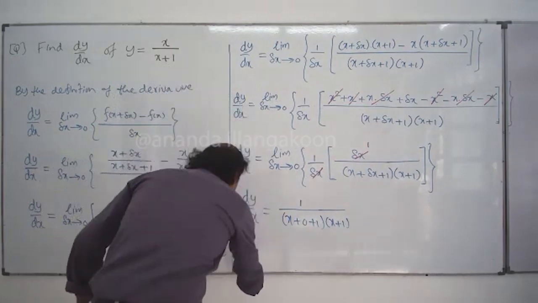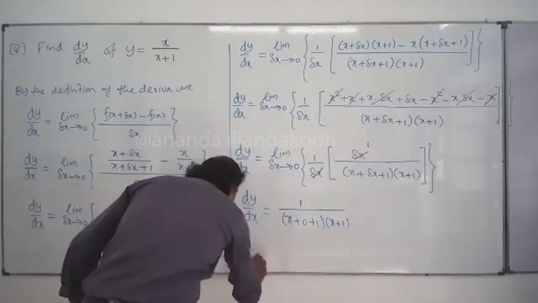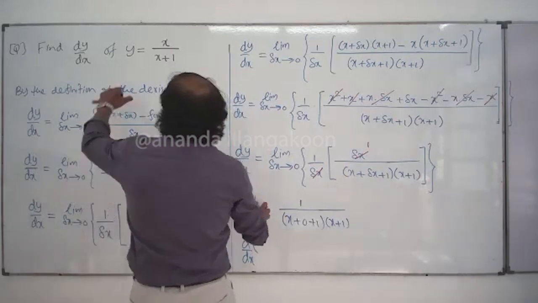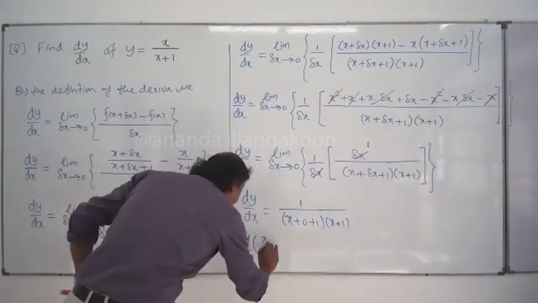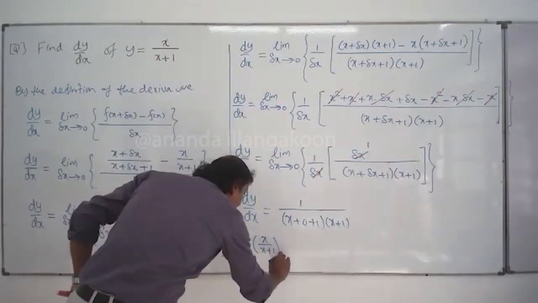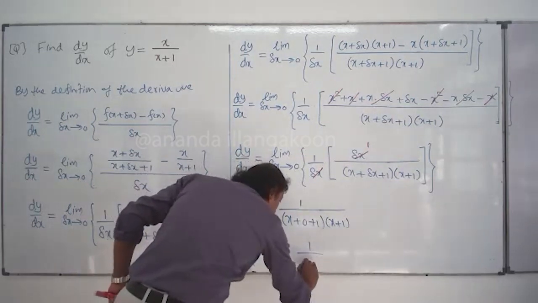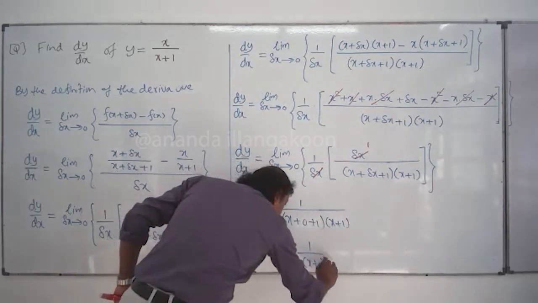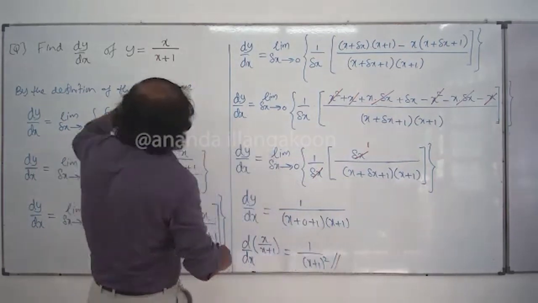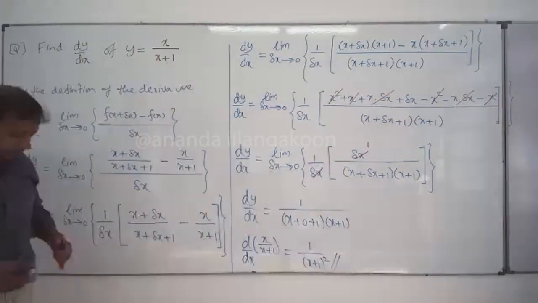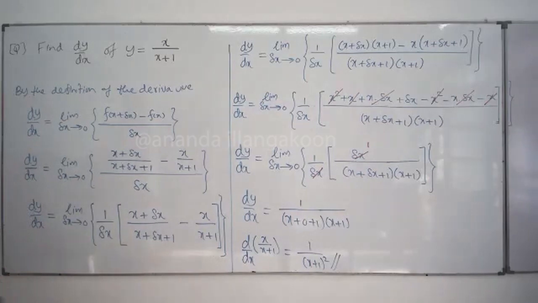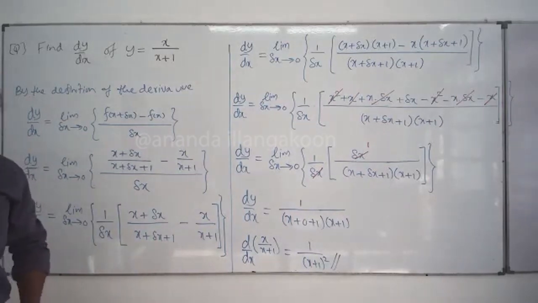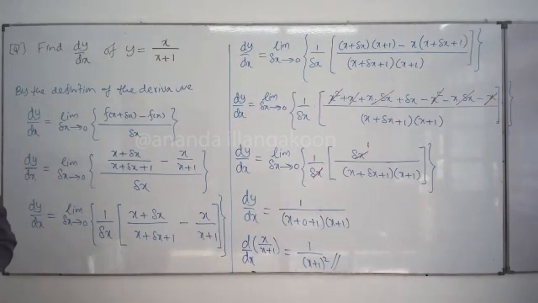Right? Then d over dx, what is the function? y, x upon x plus 1, is equal to what? 1 upon x plus 1 squared. It is the derivative of this function, people.